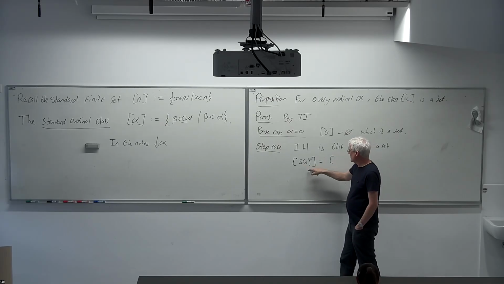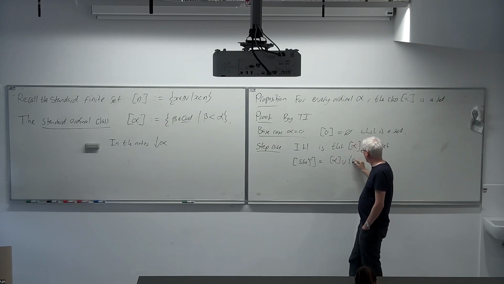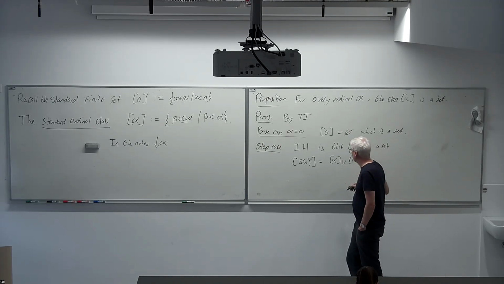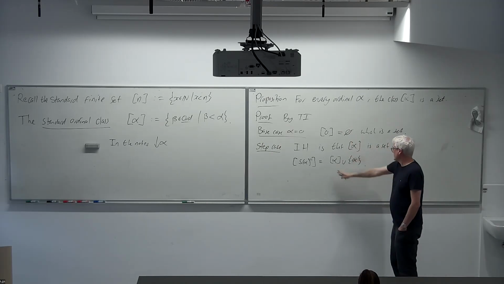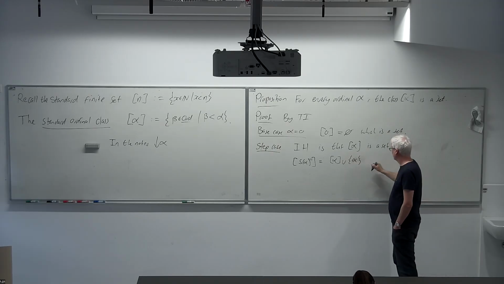If something is strictly below the successor of alpha, it's either alpha or it's strictly below alpha itself. So in other words, it's either something strictly below alpha, or it's alpha. And this is the set together with a singleton, so clearly a set.